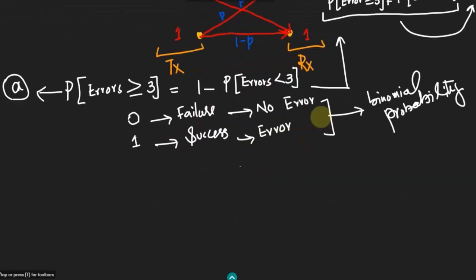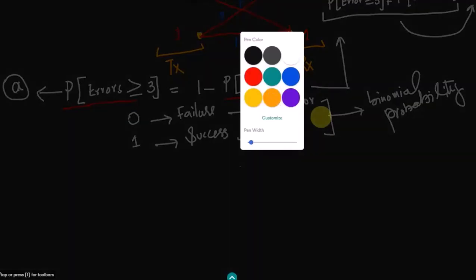So here in equation A we have two parts. One is this and the other one is this, the probability of errors less than 3. So what is this probability of errors less than 3? Let me write it here.